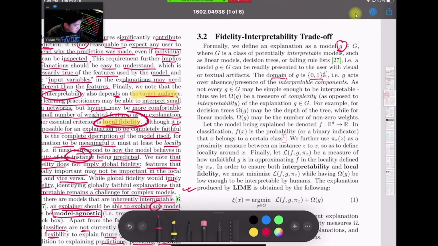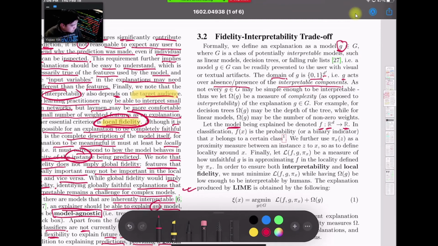And then essentially the G acts as an absence or presence of the interpretable components. But the model being explained throughout the process can be defined as this F, which could be from some sort of d-dimensional data all the way to some sort of output, which could be a single value, or it could be some sort of a class, which is in R.